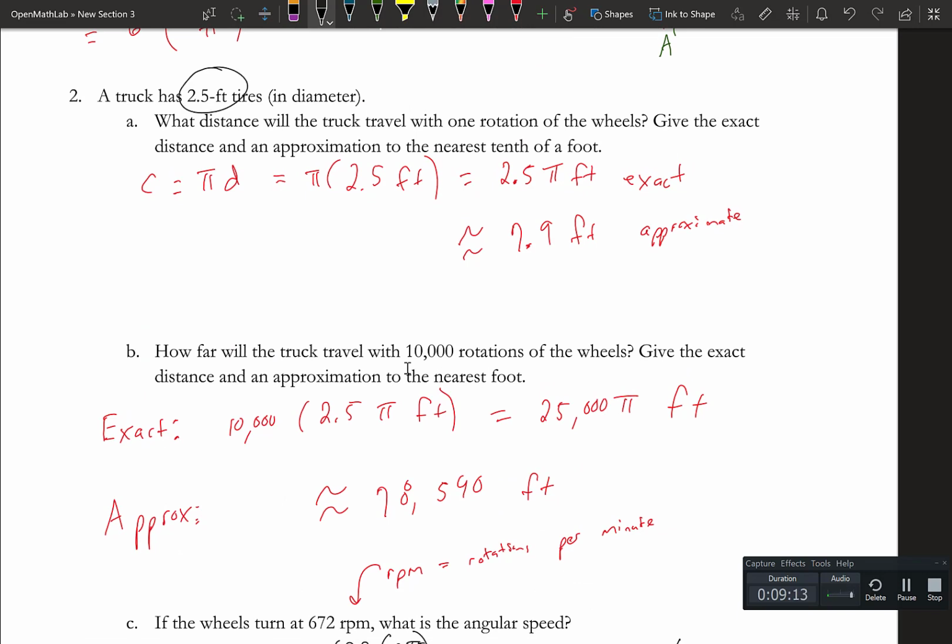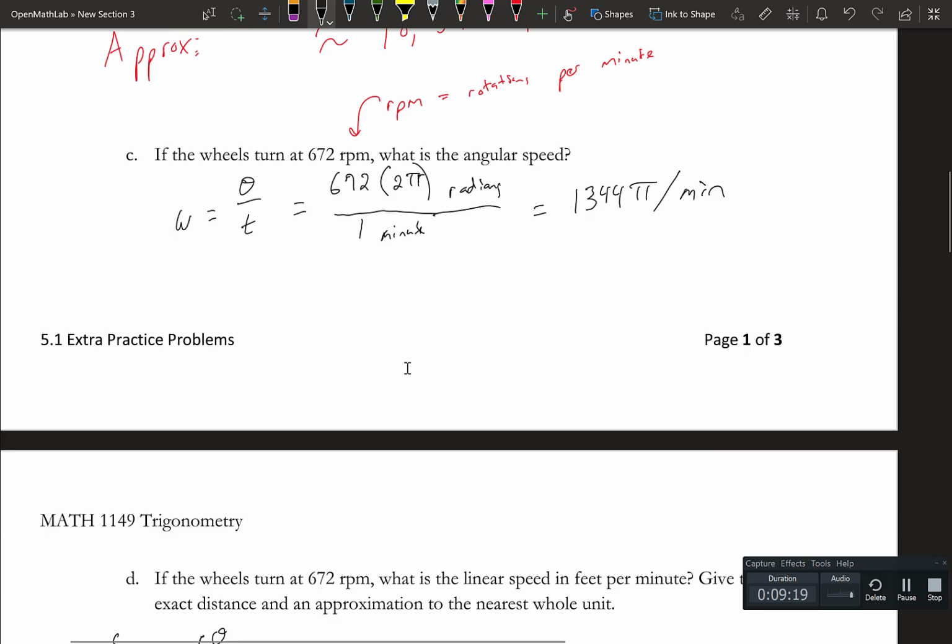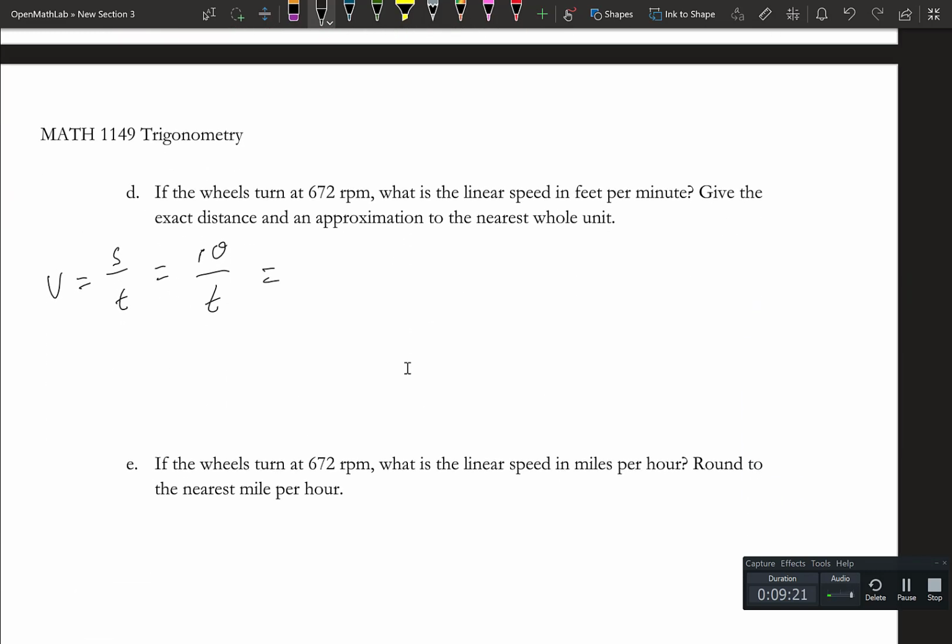So the radius would be equal to 1.25 feet, because it'd be half that. So when we fill this in, the radius is 1.25 feet.